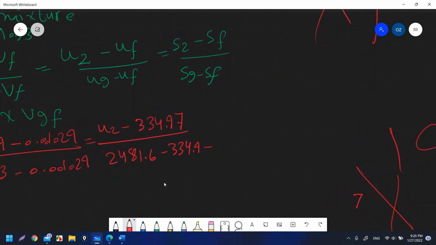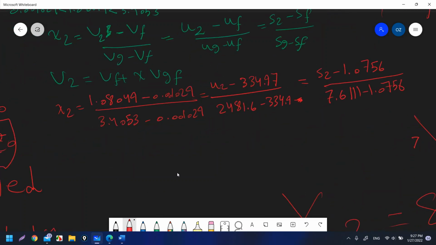Okay, S2 minus 1.0756, over 7.611. This is the Sg and this is Sf, minus 1.0756. Okay, the value will be x2 equal to 0.3171.